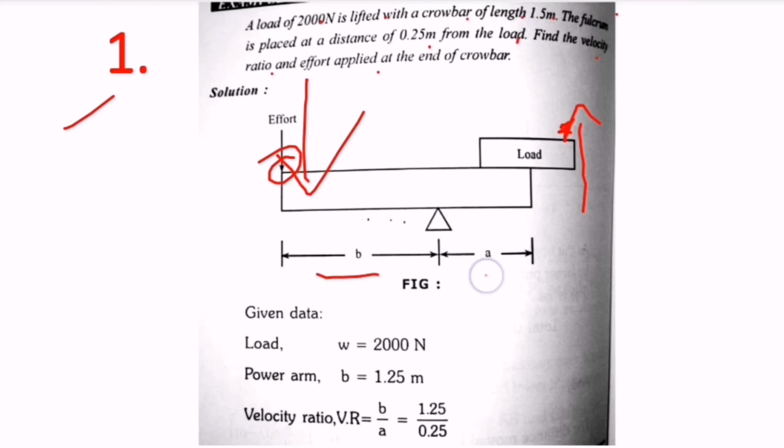So this is B, this is A. Load equals 2000 Newton, W. Power arm equals B, that is 1.25 m. So velocity ratio equals B by A, that is 1.25 by 0.25, because 0.25 is given in the question directly. This is the way of solving the problems.